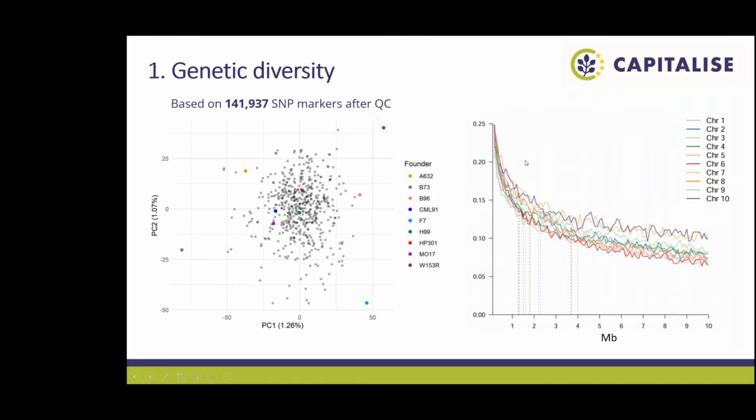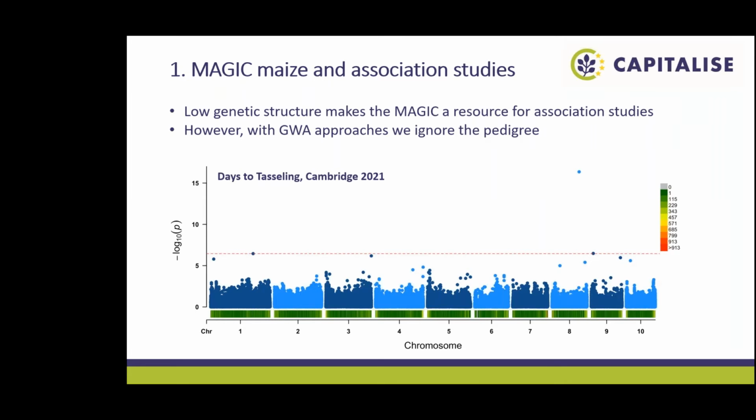So this means that this population is a resource to study the genetic control of complex quantitative traits. So how can we deal with quantitative traits? Well, low genetic structure and very fast decay of linkage disequilibrium. So the first thing we can do is association studies, right?